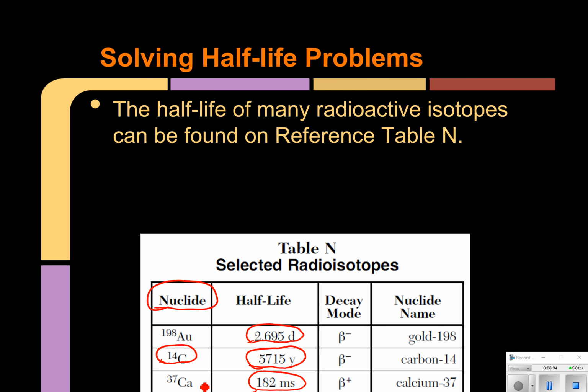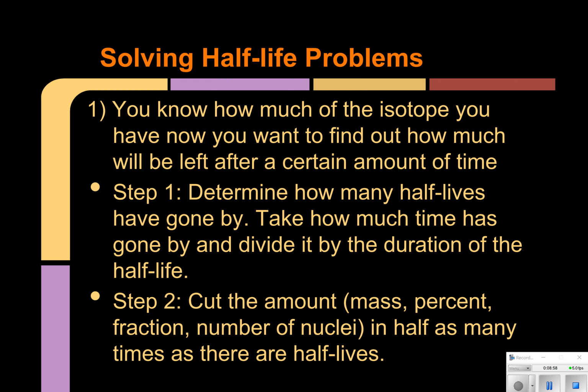Meaning calcium-37 can't even exist for 0.2 of a second, or 0.002 of a second, before it's going to change into something else through positron decay. So we're going to use Table N a lot to find half-lives as well as decay modes, and some other information regarding the nuclides and the nuclei itself.